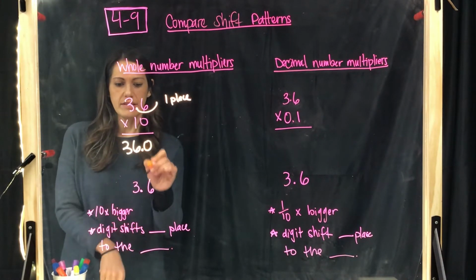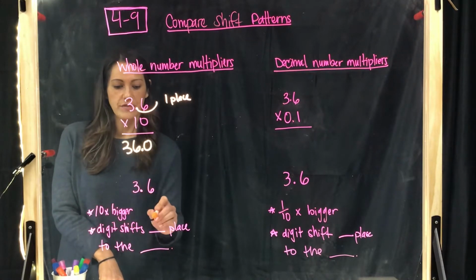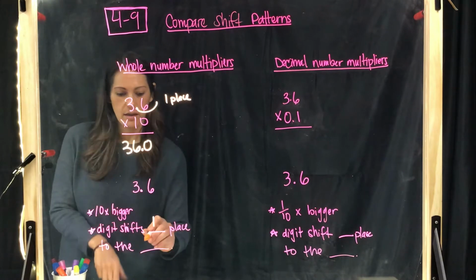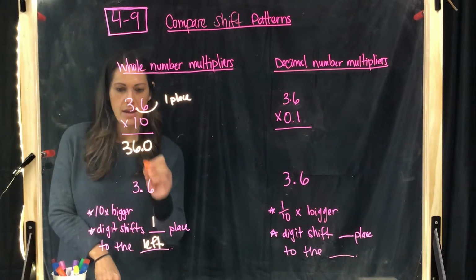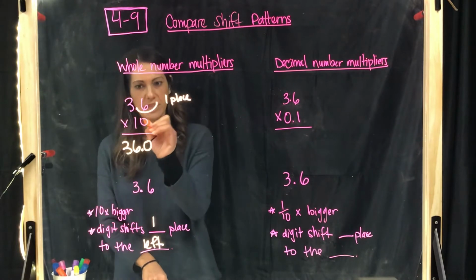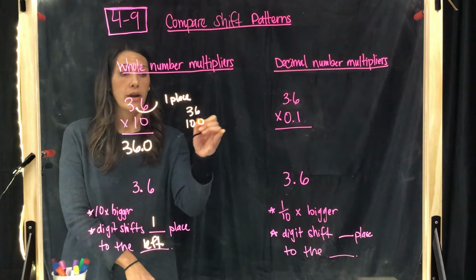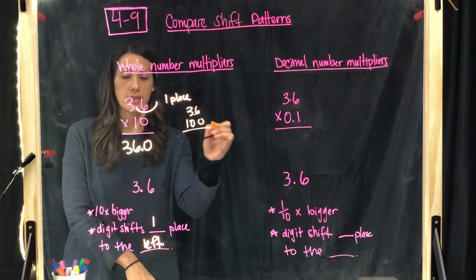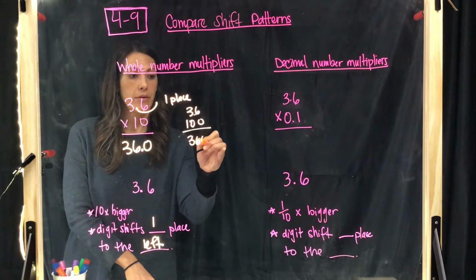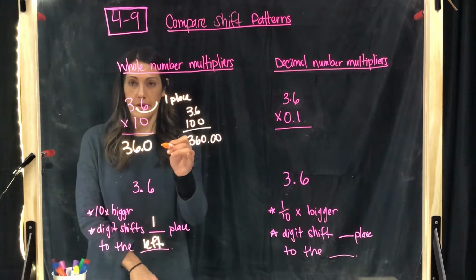And the digits, the 3 was here, and then it moved here, they shifted one place left, okay? The 3 went left. The digits moved left one place because I multiplied by 10. If I multiplied 3.6 by 100, that number would have gone 2 places to the left, okay?